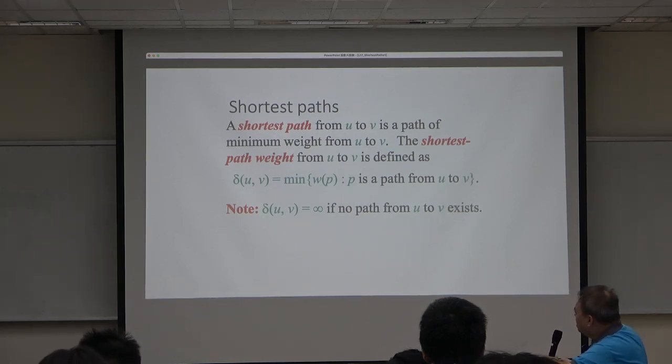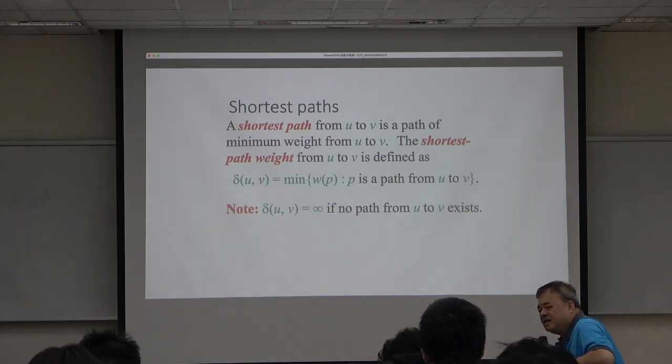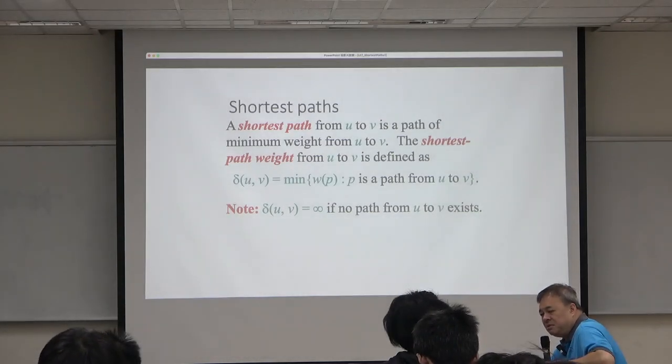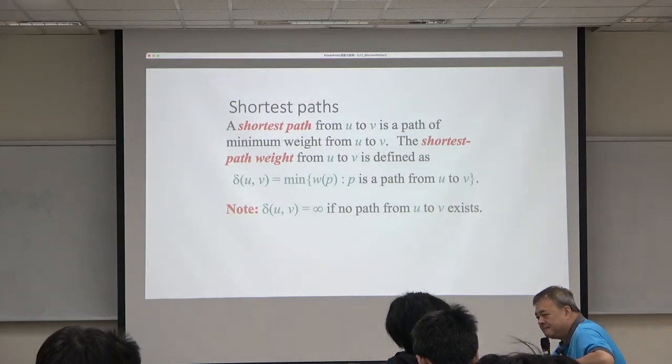Be very careful with the English word here. I say a shortest path, right? A shortest path. It's not the shortest path. What does that mean? It means that the shortest path may not be unique.